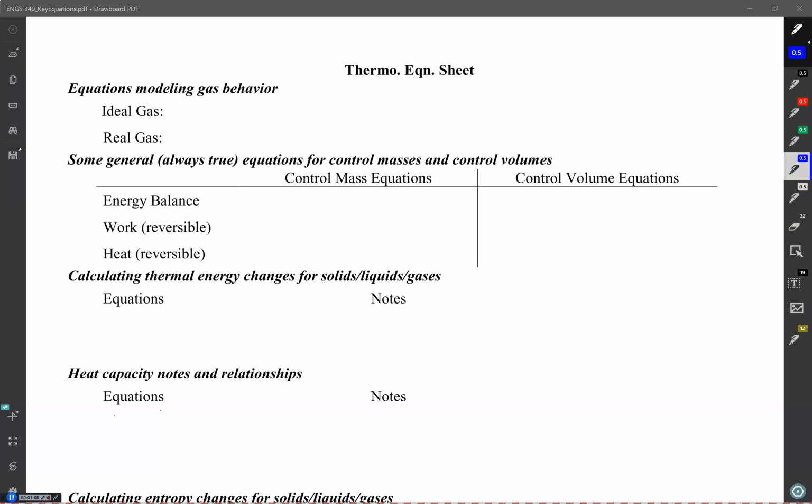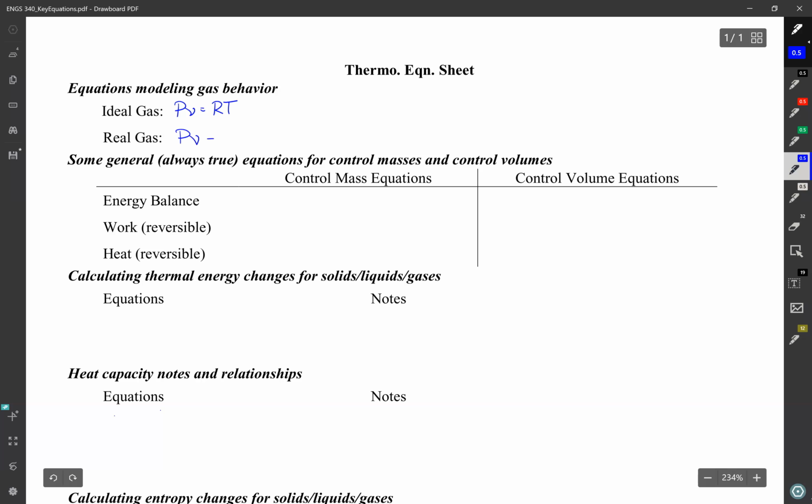We have two different equations for ideal gases and real gases: PV equals RT and PV equals ZRT. Just a couple notes: R is gas dependent.